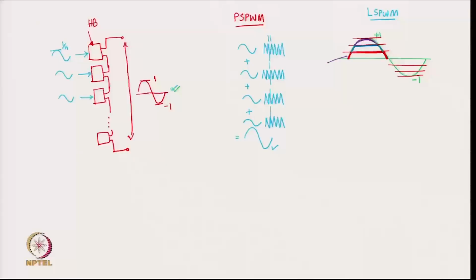Say here, the red part is produced by H bridge 1, the blue part of the waveform is produced by H bridge 2, and this violet part can be produced by H bridge 3 and so on. Okay. Of course, I have not shown the negative side, actually the negative side is also present. So, H bridge 1 is actually probably producing this part of the waveform.